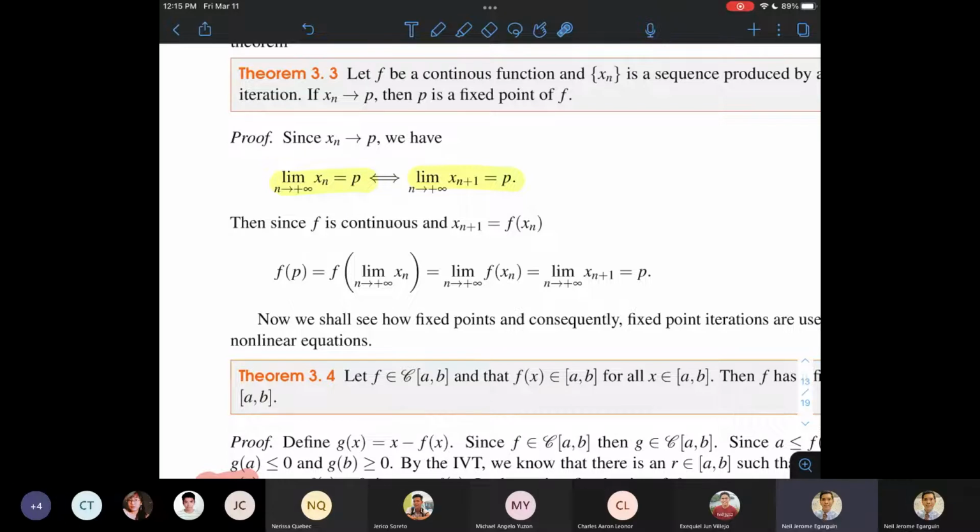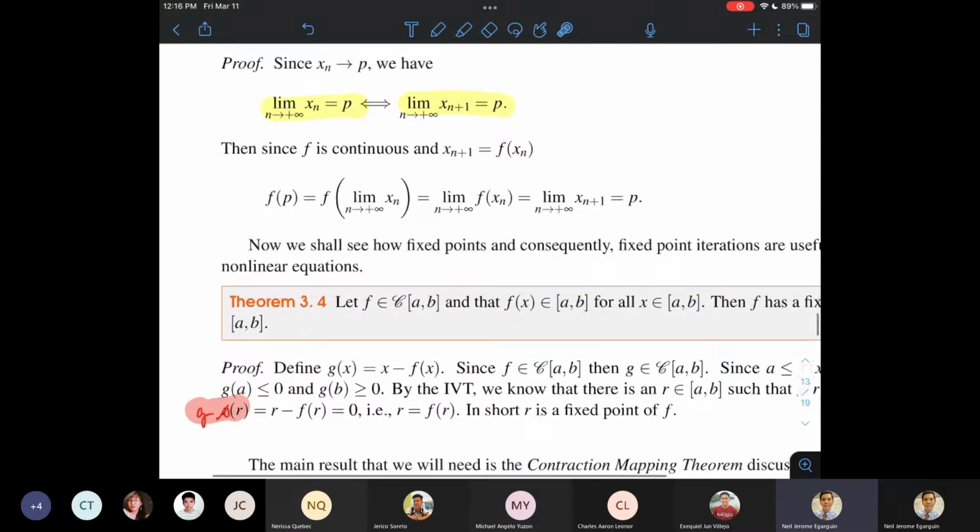And remember, what we want to show here is that given f is continuous, then p would be a fixed point. Gusto kong ipakita yung f of p ay equal kay p. Right? Now, I will use continuity and the fact that sabi nga yung x sub n ay na-compute galing sa fixed point iteration. Remember, a fixed point iteration is something of this form: x sub n plus 1 is equal to f of x sub n.